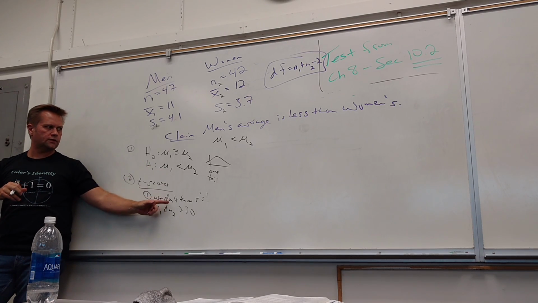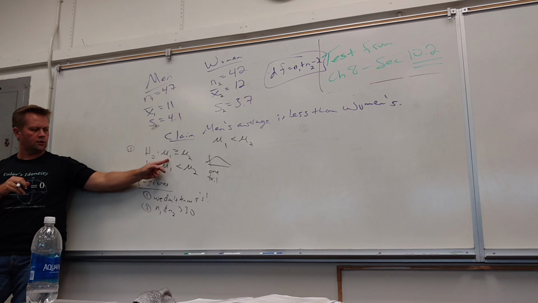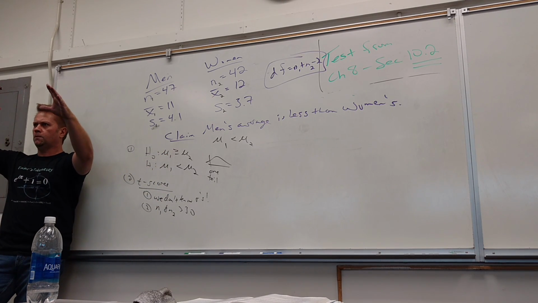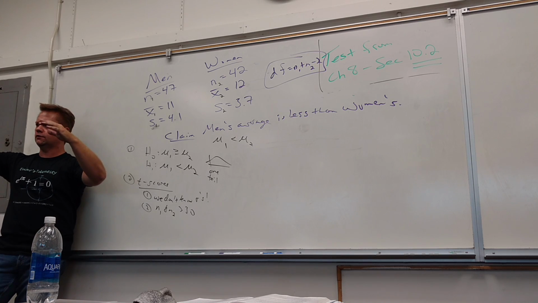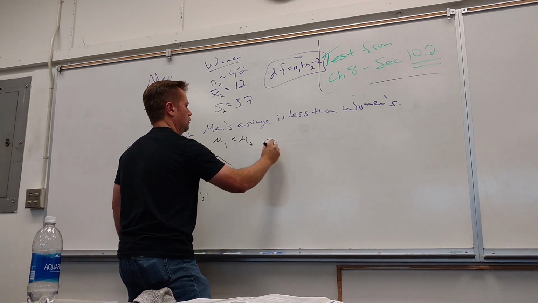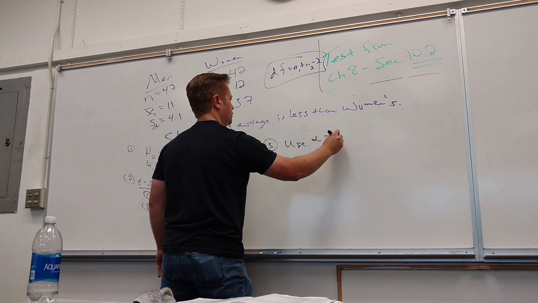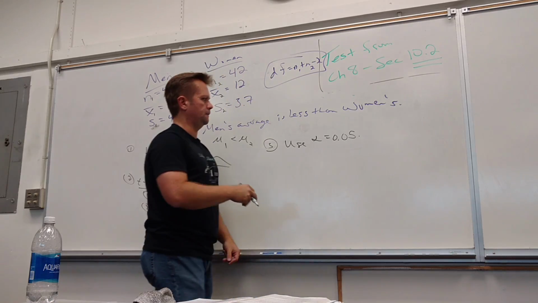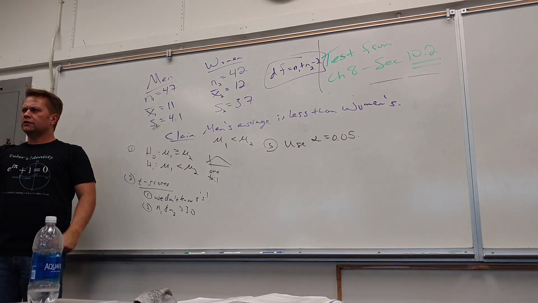So now I know what I'm talking about, I know what I can use to talk about it. The third step is, what is going to be enough evidence, right? The rejection region. So here's where I'm going to tell you, use alpha equal to point, oh, what you got, Jeff? I don't know, Jeff. 0.05. So alpha is 0.05.